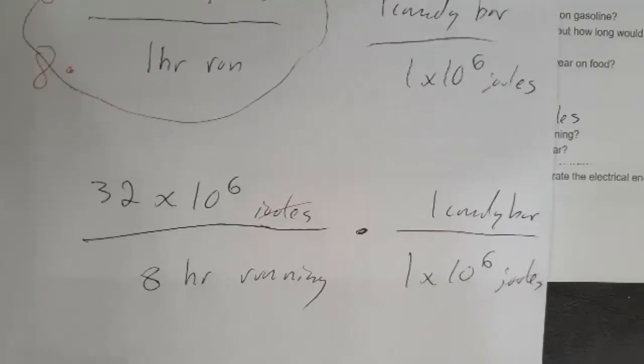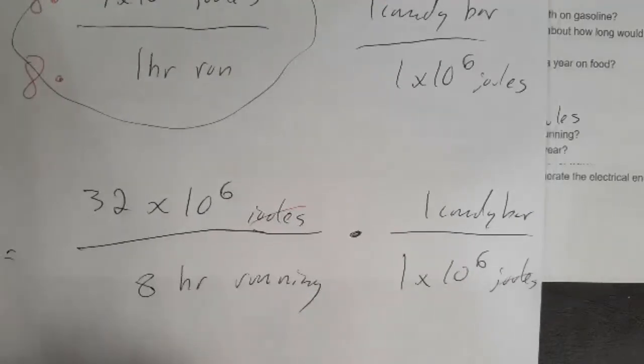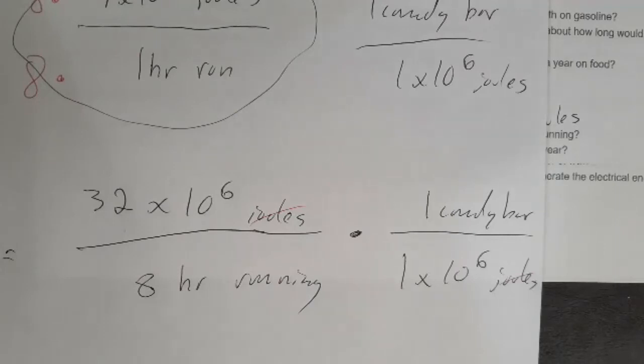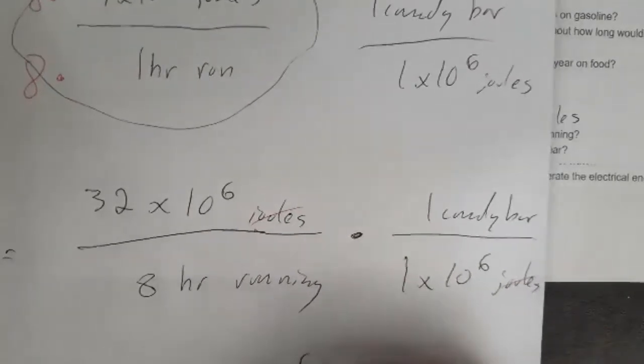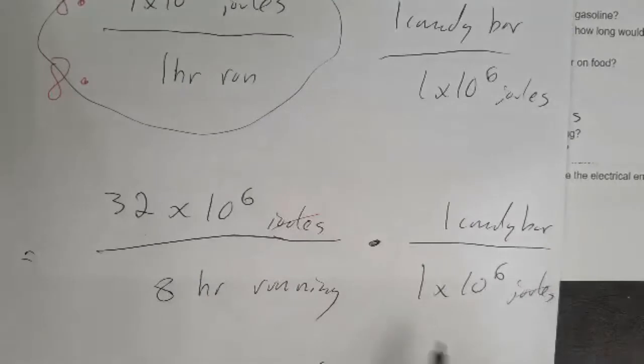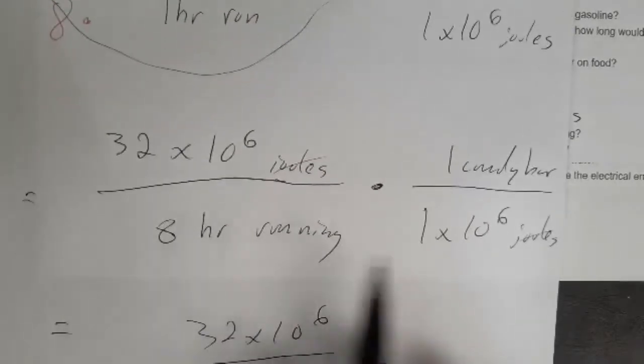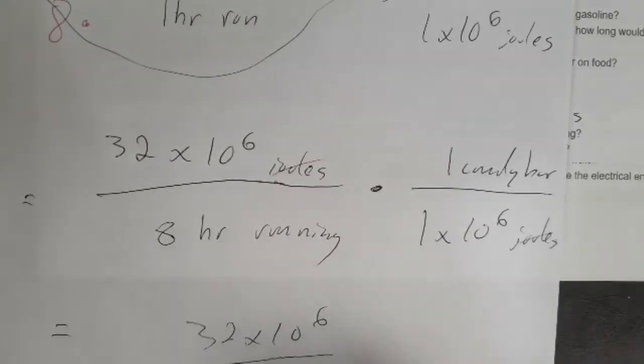So I'm looking across here, and on top I see 32 times 10 to the 6. On the bottom I see 8. And I can multiply 8 by 1 times 10 to the 6.